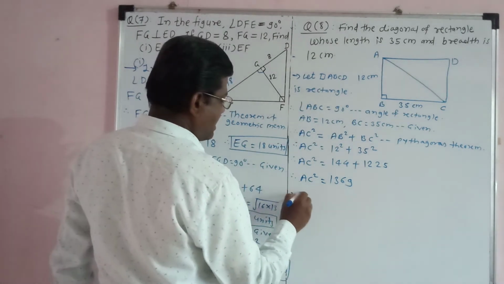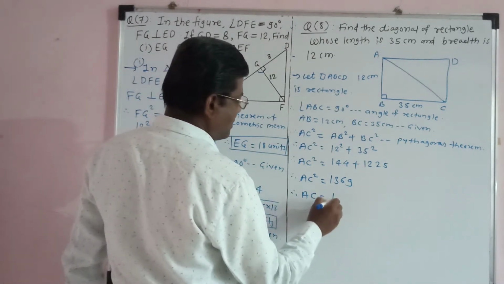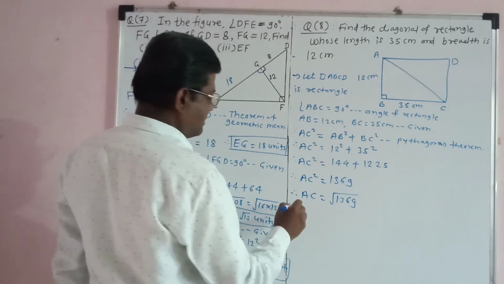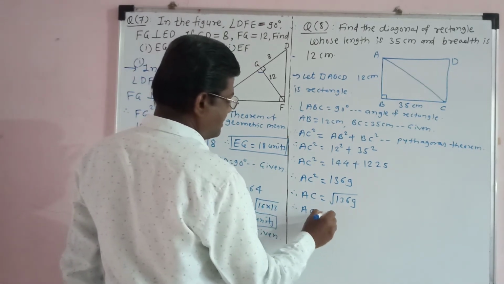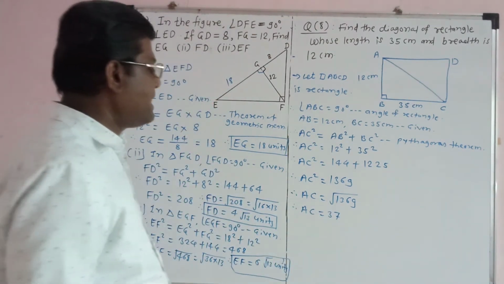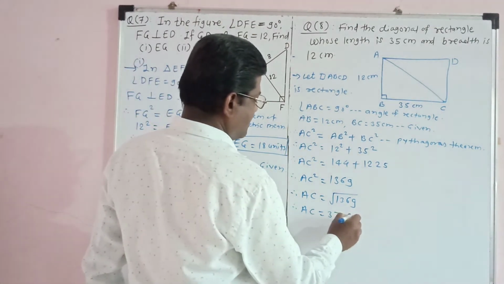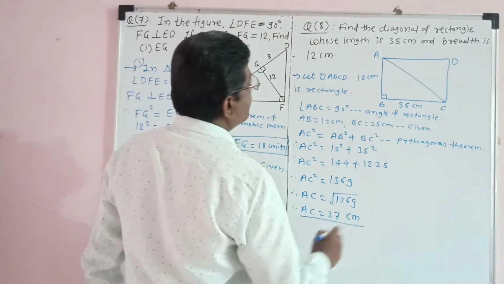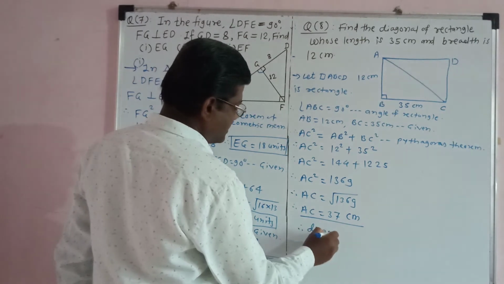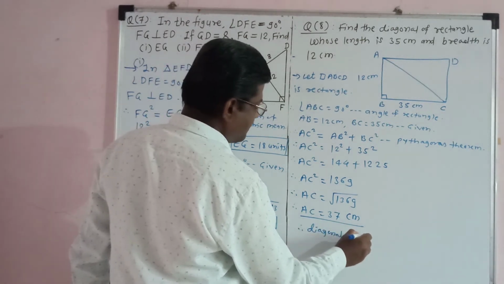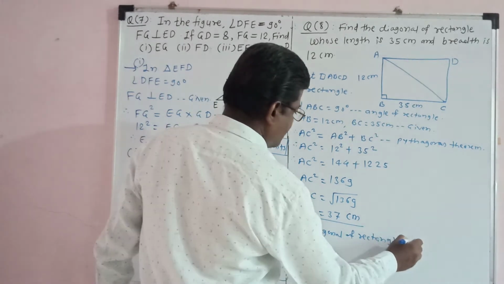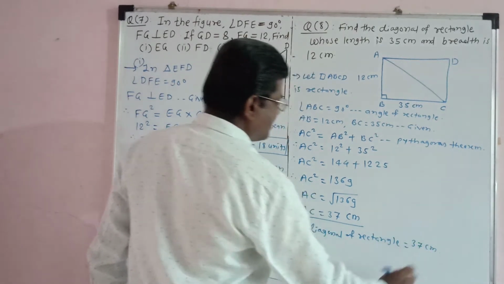So AC is equal to square root of 1369. If we find the square root of 1369, it will be 37 centimeters. So diagonal of rectangle is equal to 37 centimeters.